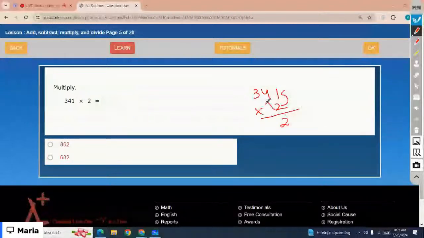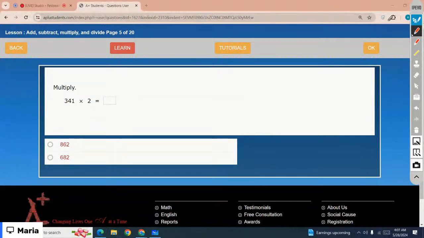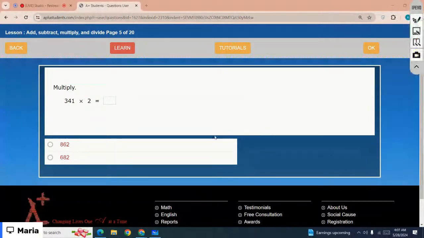Then you have to multiply the tens. 2 times 4 is 8. Then you have to multiply the hundreds. 2 times 3 is 6. So the correct option is 682. Option number 2 is the correct option.